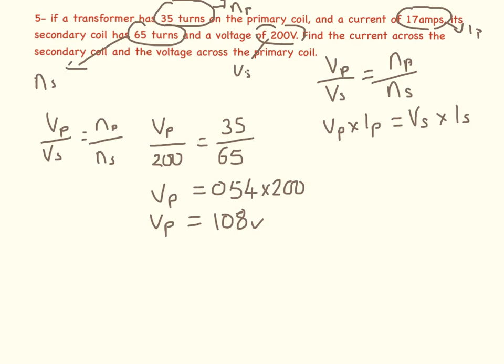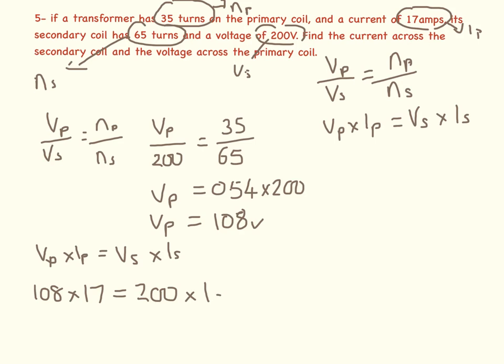So now I have my Vp, I can work out the current across the secondary coil. So Vp times Ip equals Vs times Is. Vp equals 108 times 17 equals Vs, which is 200, times Is, which is what we're looking for. So I'll just shift up here to rearrange that.